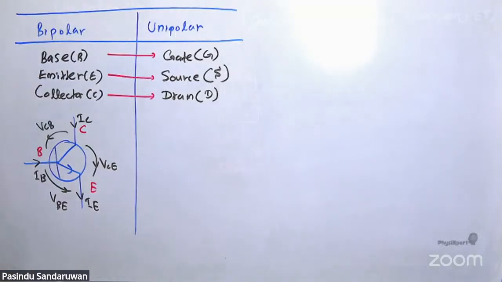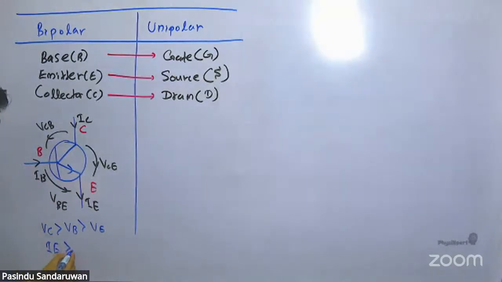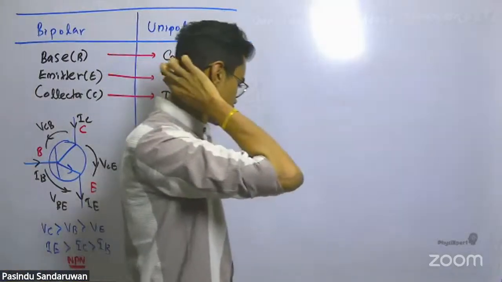We know these things from our learnings. The highest potential is at C, then B, then E, and the highest current is at emitter: IE, IC, IB. And write the name of this one here: NPN.